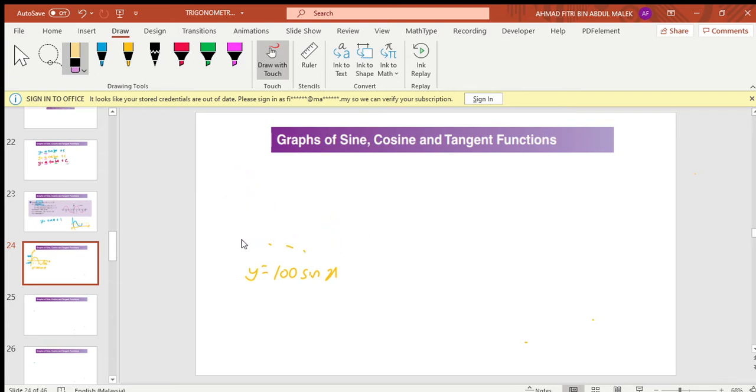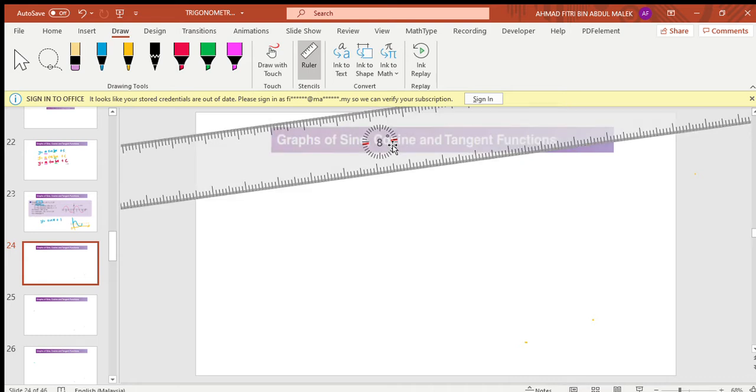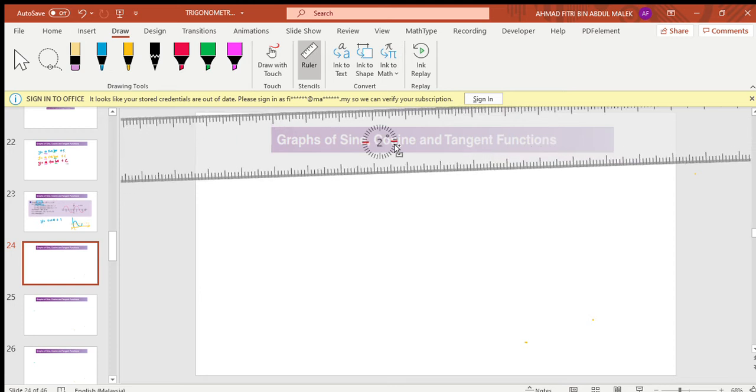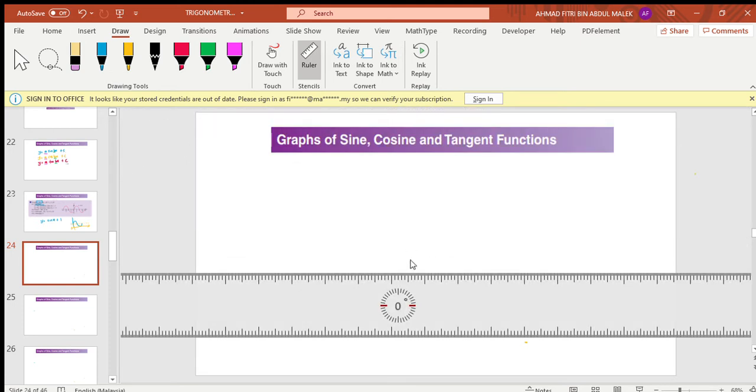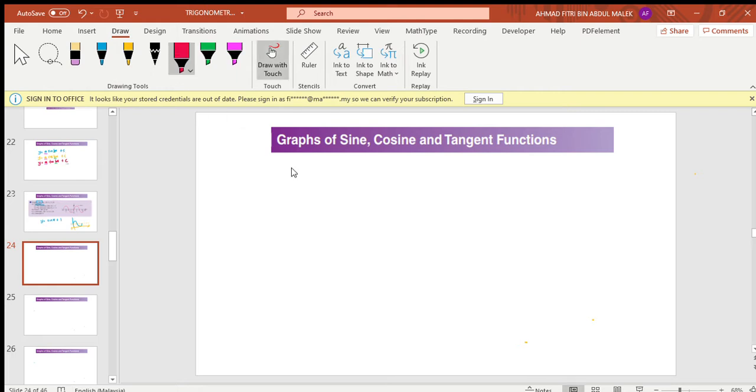As I told you, you just need to draw a simple sine graph. So I will draw. Starting with the shape of the graph. The shape of the sine graph is like this.